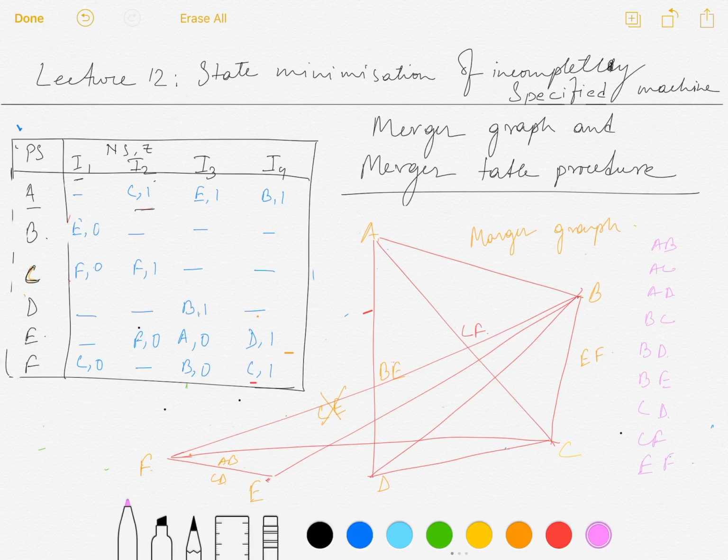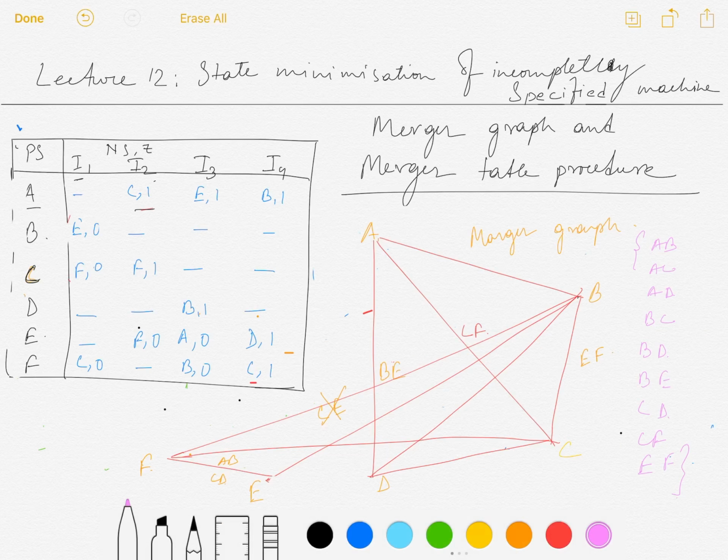For further reduction, we have to make a compatibility graph, because this is a set. Out of this set we have to find a subset which will be compatible, as well as every time for all the pairs of inputs it will show the same output. We identify the pairs of states that contain all the properties of equivalence.